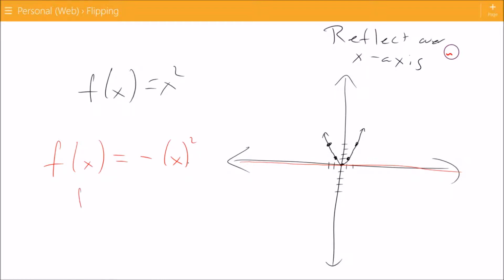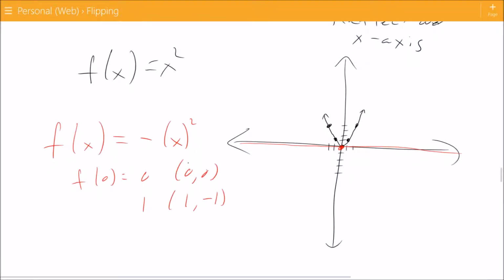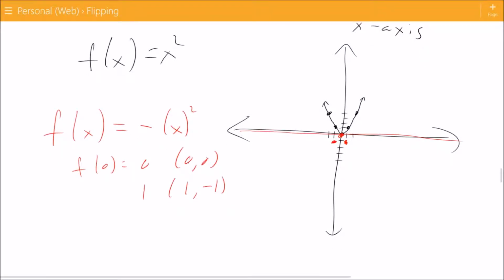So f of 0 is still 0, so I've got the point 0, 0. That's right there. f of 1 becomes negative 1 now, because 1 squared is 1, times negative 1 gives me a value right there. And I've got its matching partner on the other side, because this is symmetrical along the y-axis.